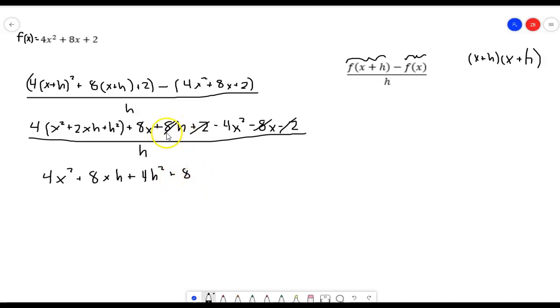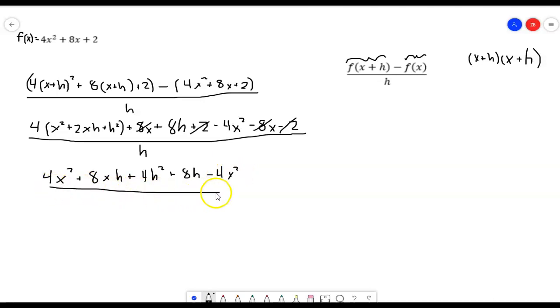I think I crossed the wrong thing up there, so let me correct that. I said 8x, but I did the 8h. See, you have to kind of watch yourself there. So it's minus 8h, that would be 8h, and then I have a minus 4x squared over there, all over h.